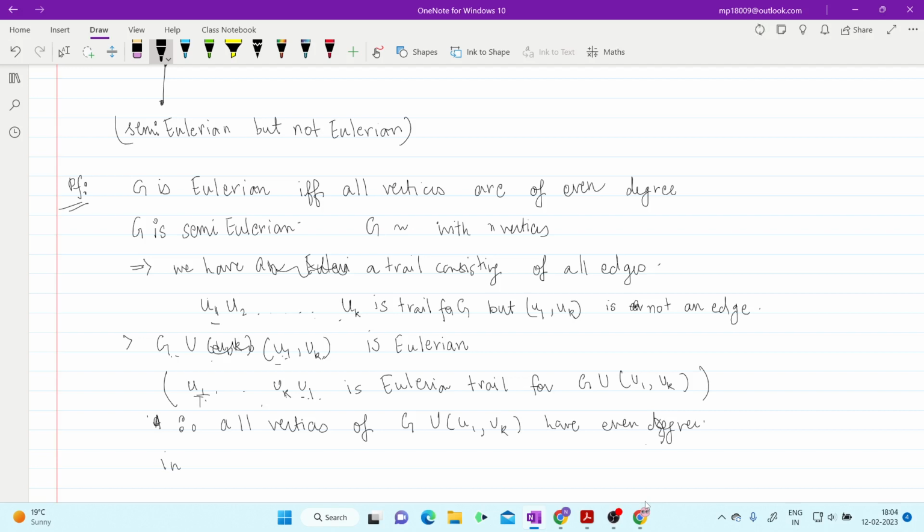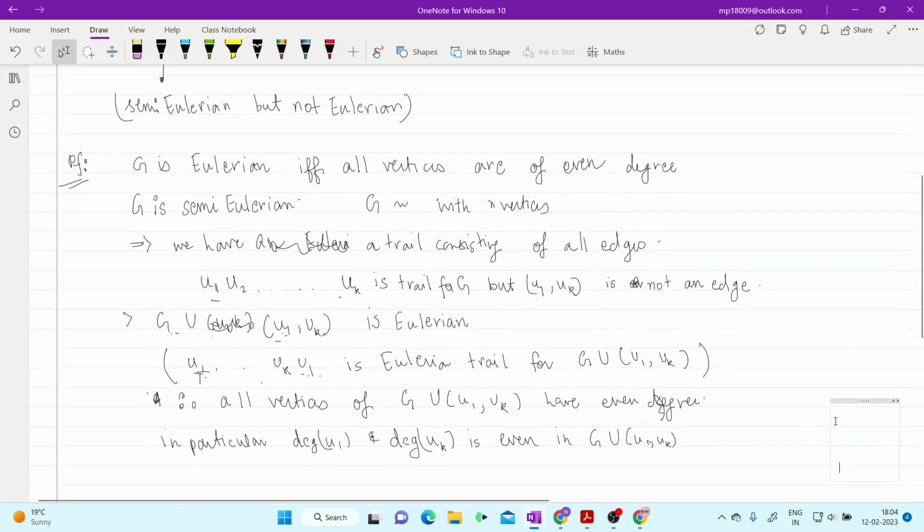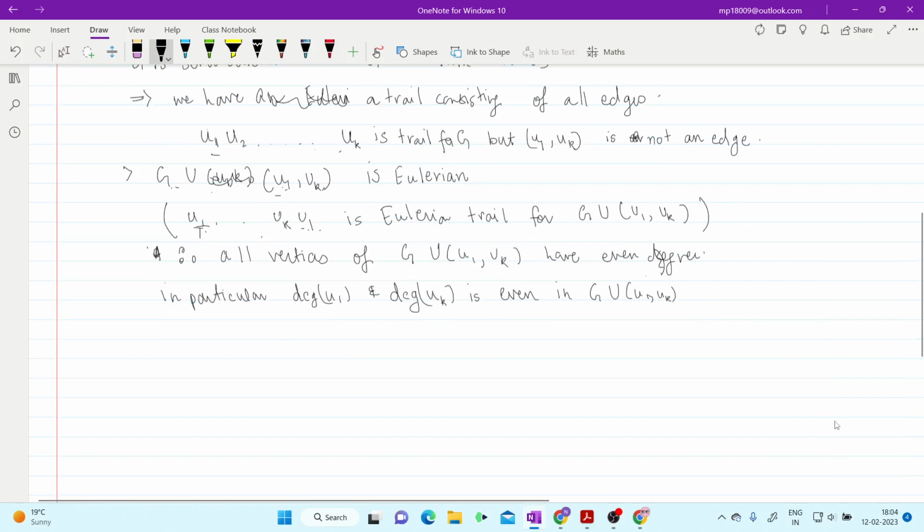In particular, the degree of U1 and the degree of UK is even in G union U1 UK, since G union U1 UK is an Eulerian graph and all its vertices have even degree.